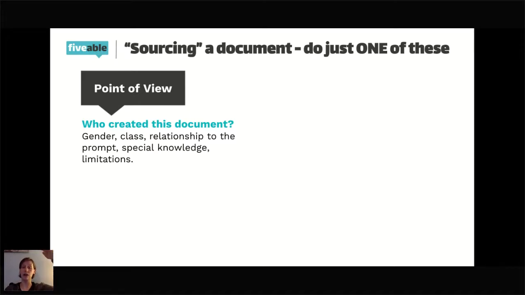People of a higher social status are going to see the world differently than people of a lower social status because their experiences are really different. Relationship to the prompt. A person with a close connection to the topic that you're being asked about may have a very different idea than a person commenting on it from a more removed situation.